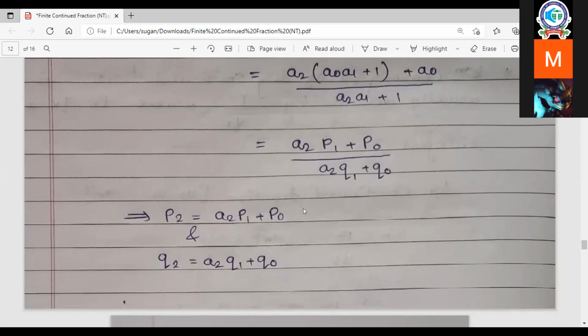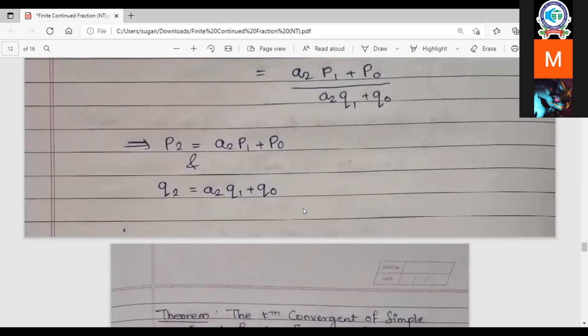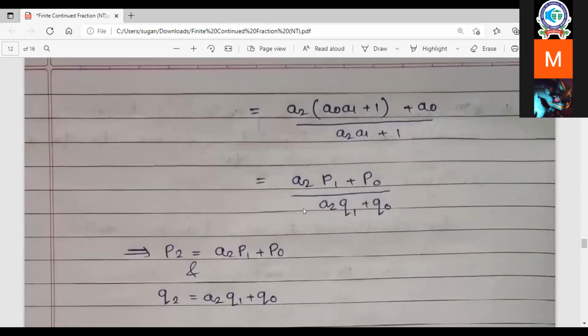So why are you computing all these values? These P values, how are they coming? In order to get P1, what do I need to know? We are getting this value from the continued fraction.